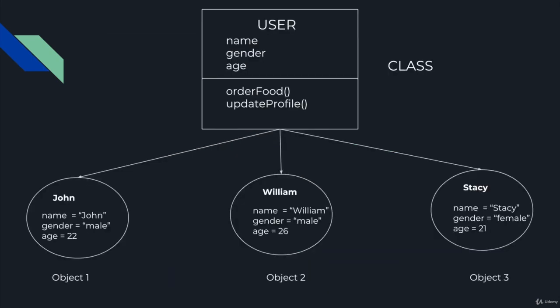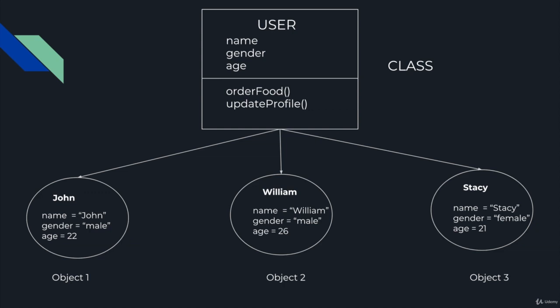Similar to John, we can create multiple objects like William and Stacy, which have their own state and behavior. The state will be name, gender, and age. These are multiple objects created using a template or blueprint, which is nothing but a class.